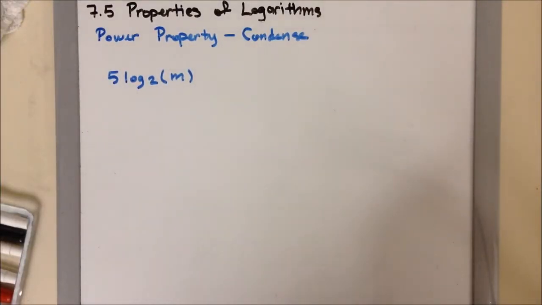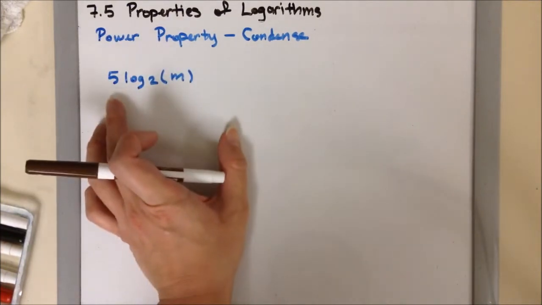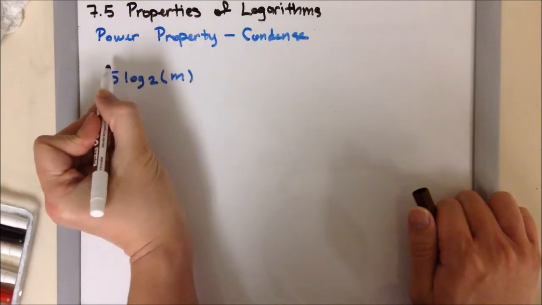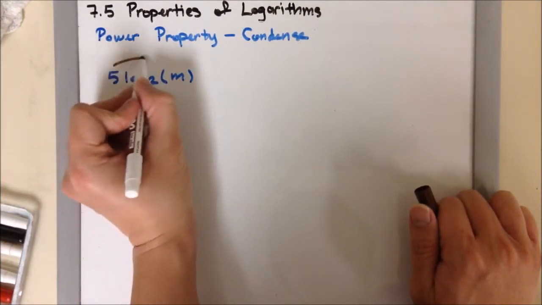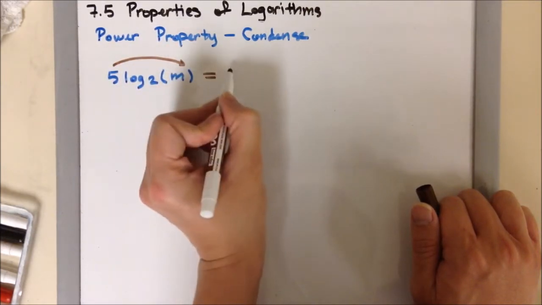In this part, we're going to talk about condensing using the power property. So I have 5 log base 2 of m. What I'm going to do is move the number that's in front of log next to the m and write it as an exponent.